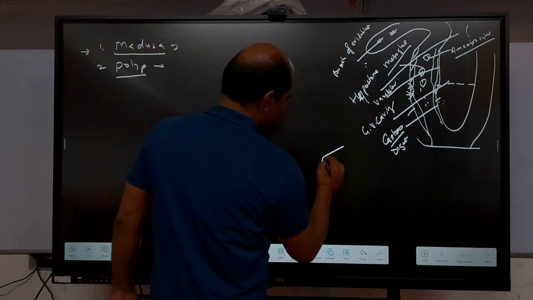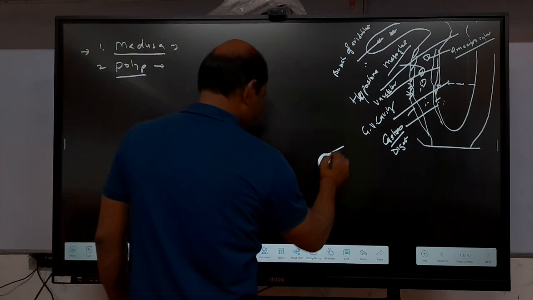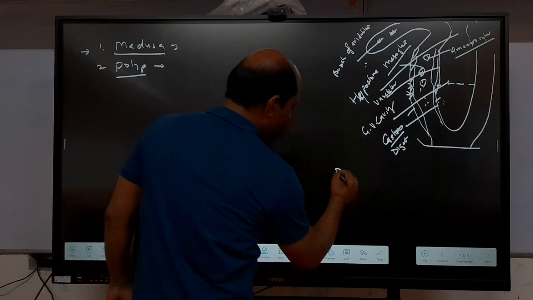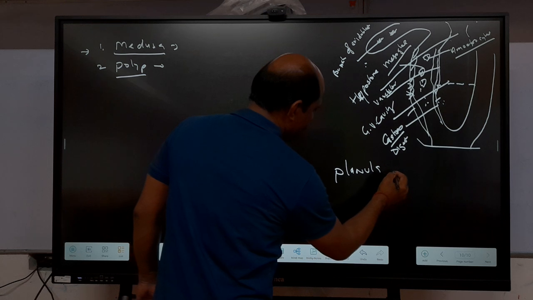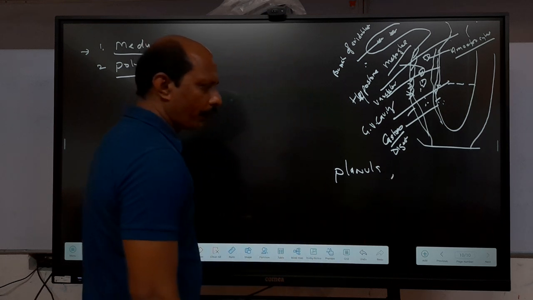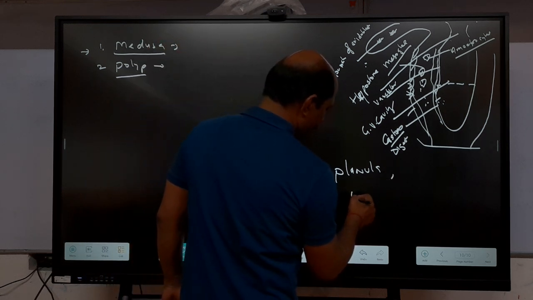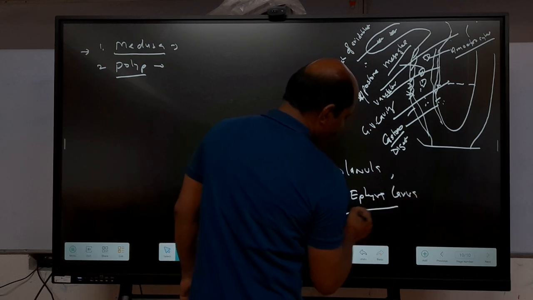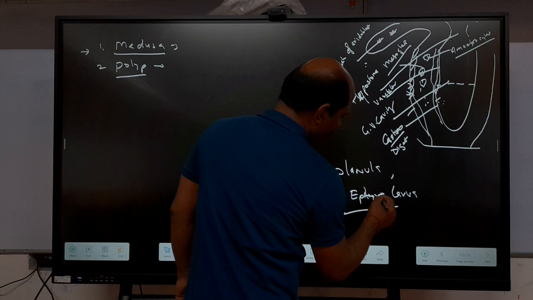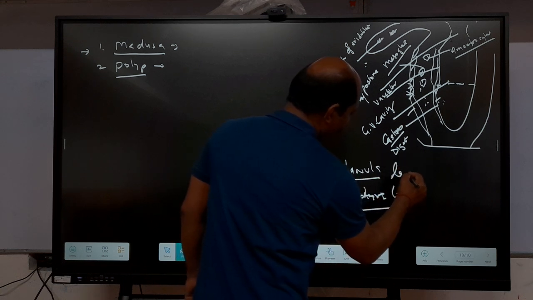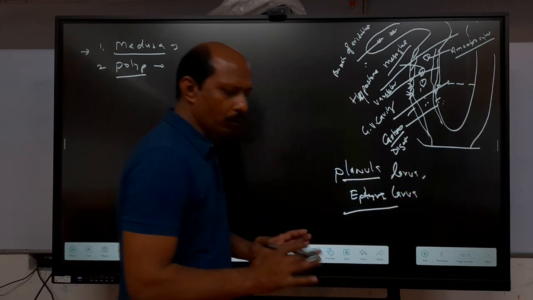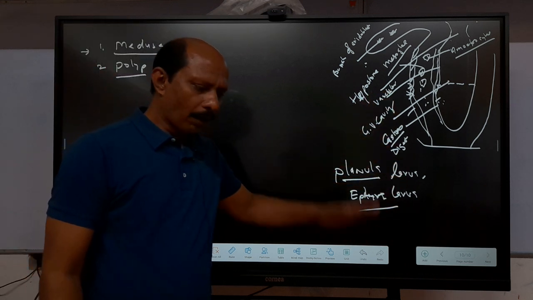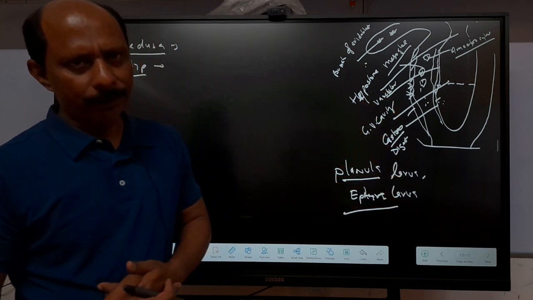The second larva is the Ephyra larva, E-P-H-Y-R-A. Ephyra or planula larva. These are two specific larvas which are present in this case. So a larval stage is present, so development is indirect, right?